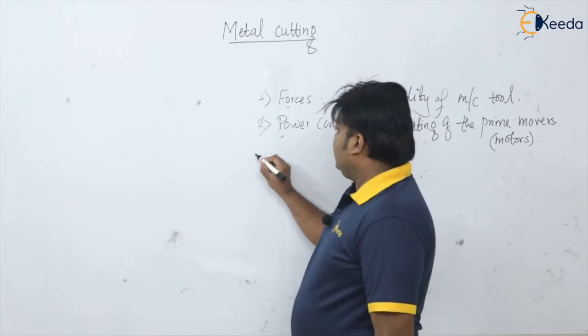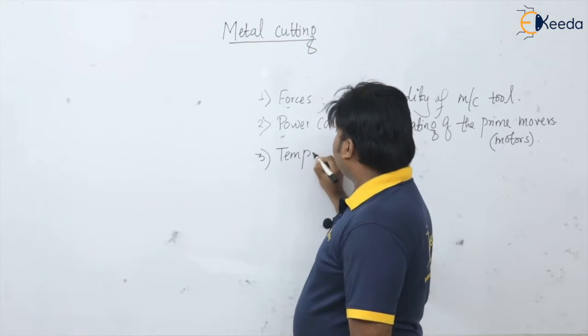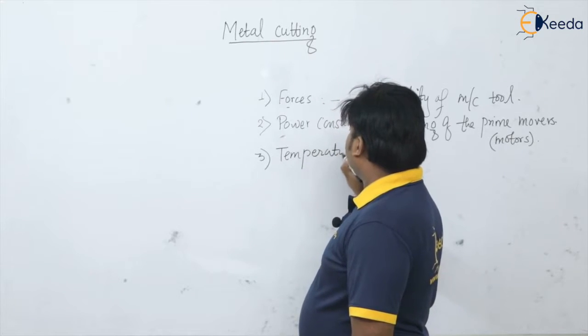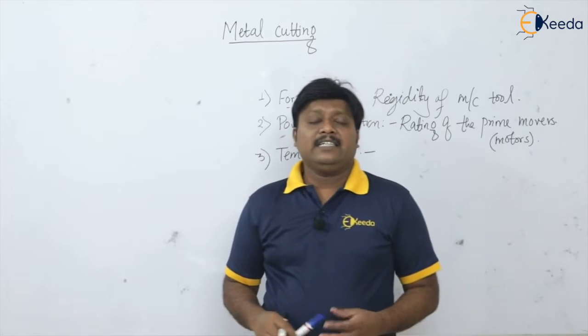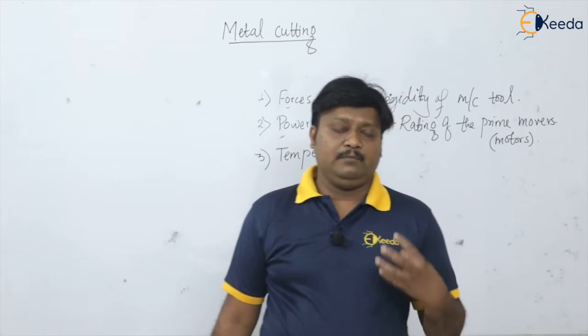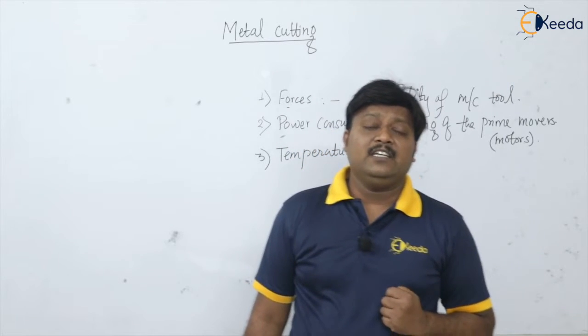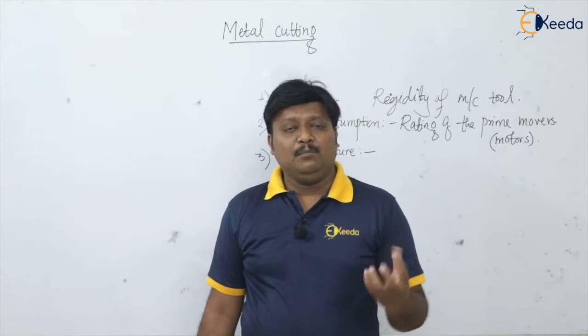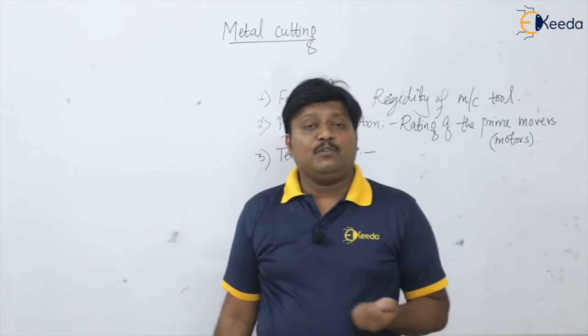The third thing is the temperature induced in the cutting zone. If you know the metal cutting zone temperature that is going to be induced during the process, then based on that temperature you can determine certain mechanical properties of the tool.